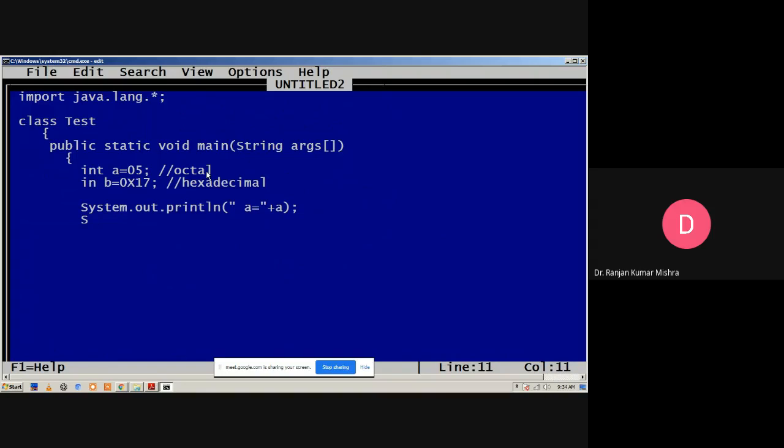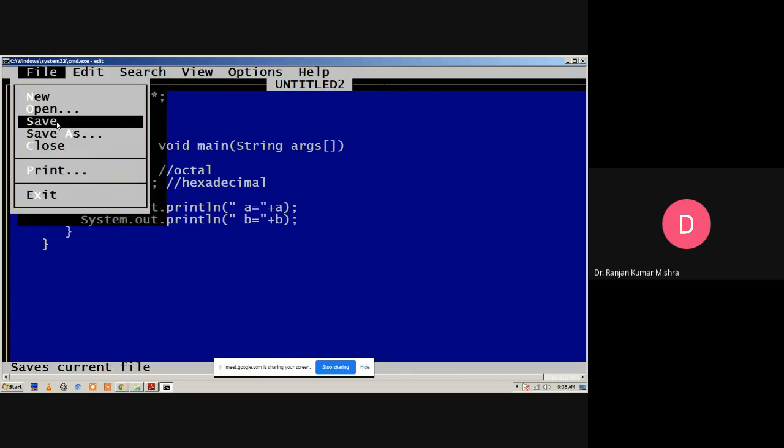Now we display b: System.out.println, "b equal to" plus b. Now close and close. Now we save the program as Test.java, and then we compile and run it.